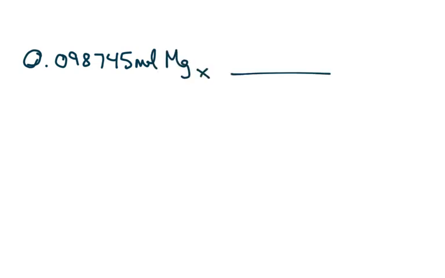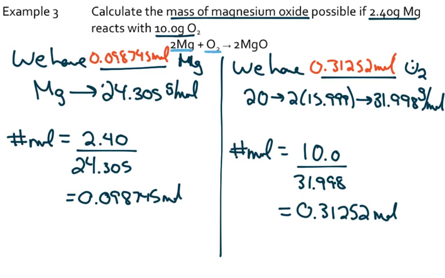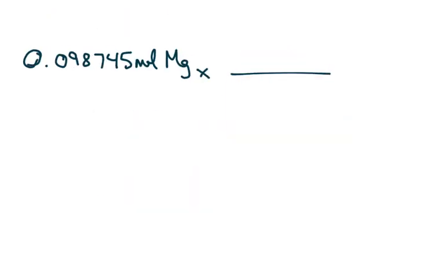Mole ratio again, but this time the mole ratio is to find how much magnesium oxide we create, looking at the coefficients. 2 moles of magnesium, 2 moles of magnesium oxide. So that will be what goes in our mole ratio calculation. Magnesium oxide on top, because that's what we're trying to find.